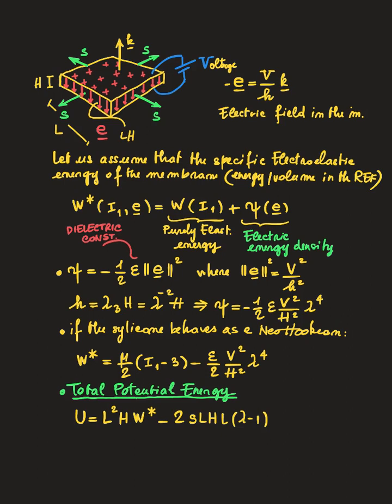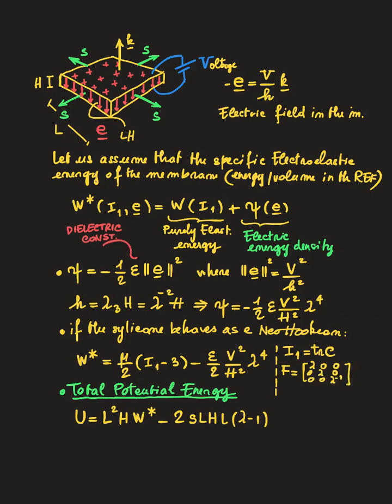Well, in fact, in this specific situation, I want you to remember that the first invariant will just be the trace of C. And if you notice how F is written, well, F is written, just let me do a miniature here, as lambda, 0, 0; 0, lambda, 0; 0, 0, lambda to the minus 2.